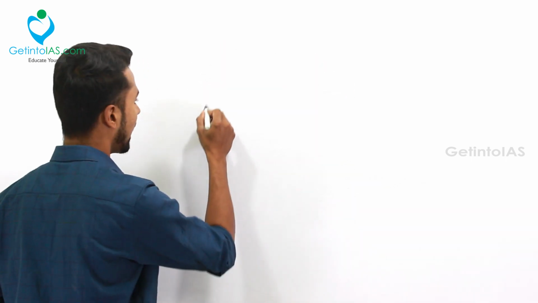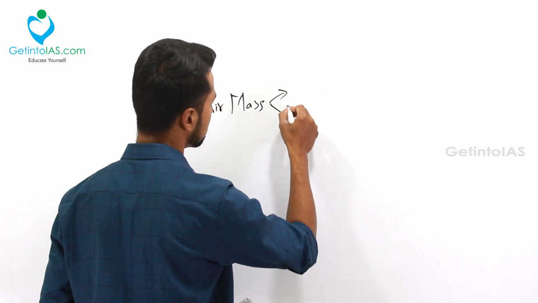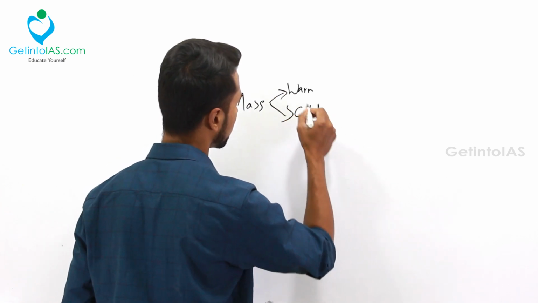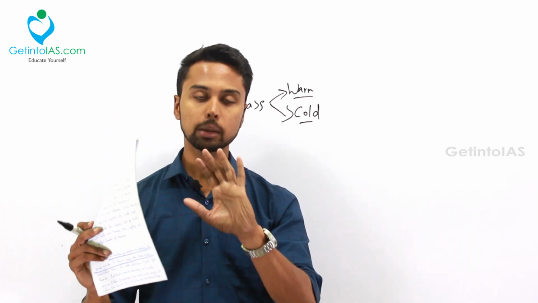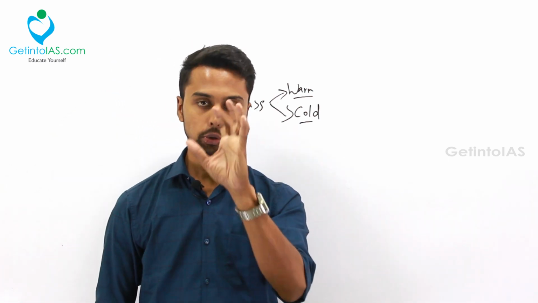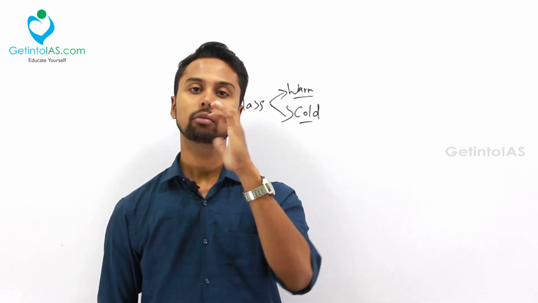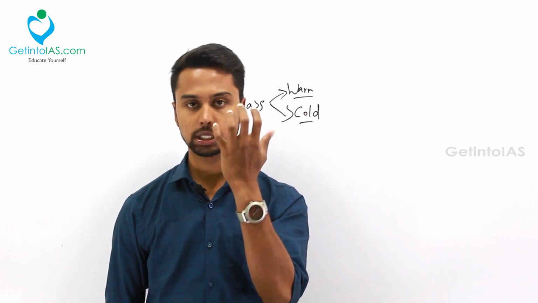So air mass is of two types, warm and cold. What is a cold air mass? I told you about the air mass, it is a volume of air. That volume of air will have a certain temperature.